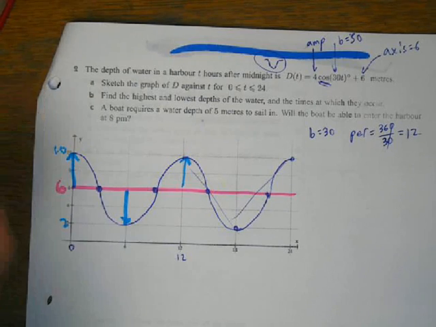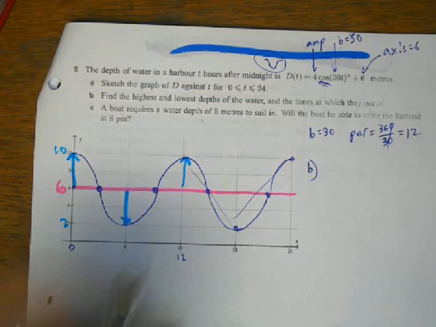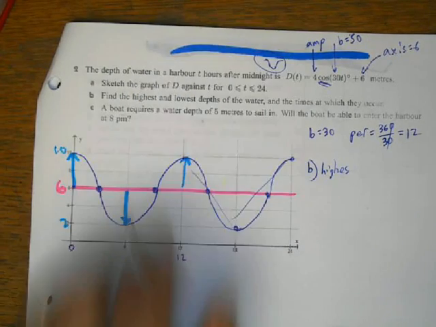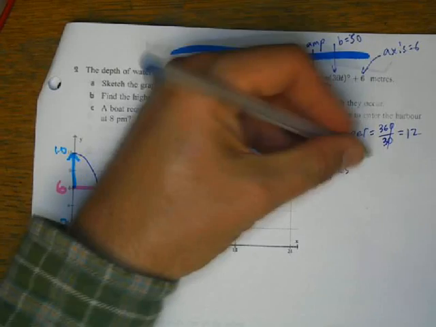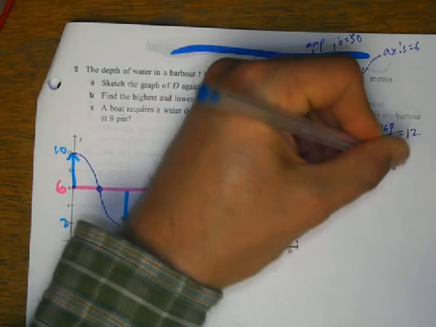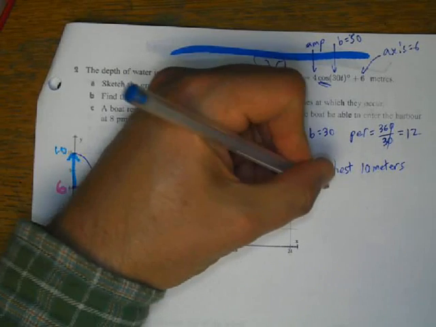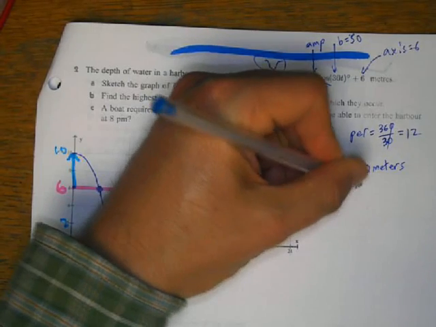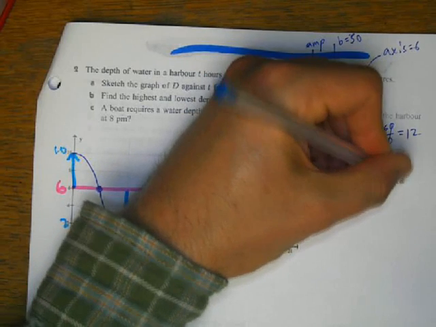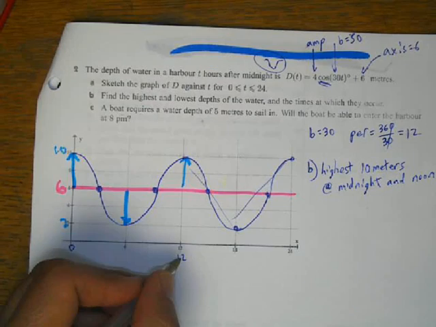So for question B, the highest the water goes is 10 meters, and it happens at midnight, and it happens at noon. Okay, because at midnight and at noon we're at the highest.